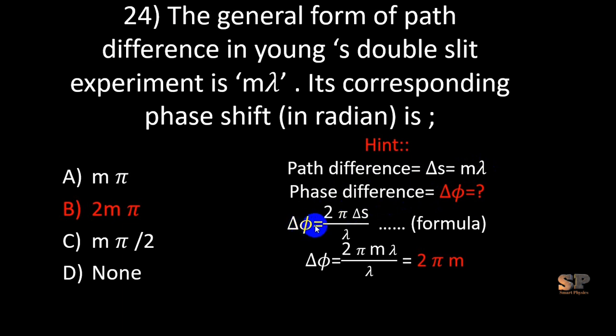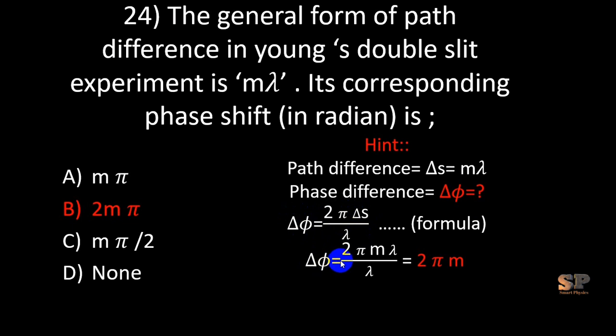We know that phase difference is equal to 2 pi times path difference divided by lambda. And by using this formula, we can find out the path difference if we know the phase difference and lambda, and we can find out the phase difference if we know the path difference.